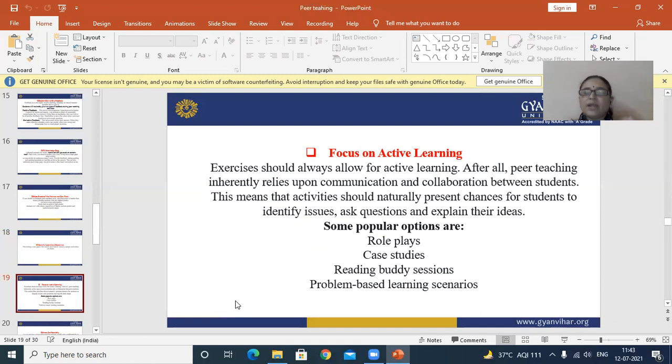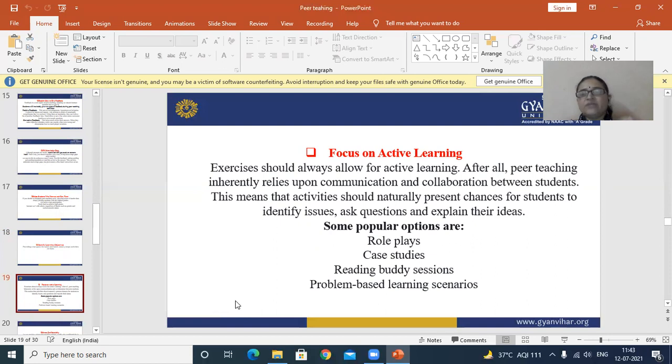Focus on active learning. Exercises should always allow for active learning. After all, peer teaching inherently relies upon communication and collaboration between students.